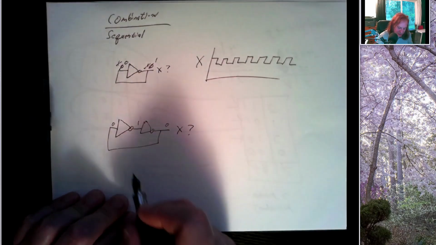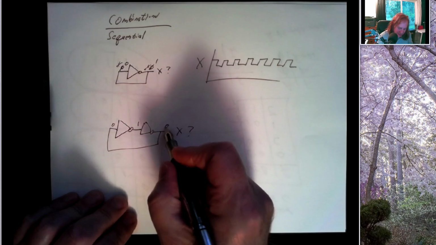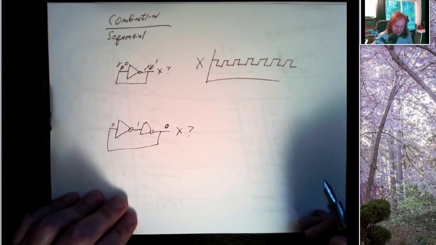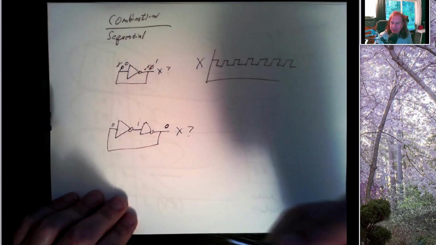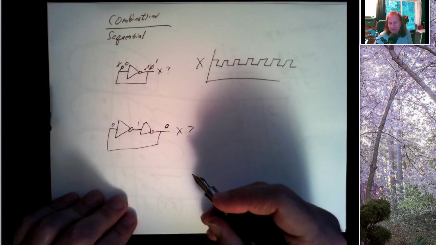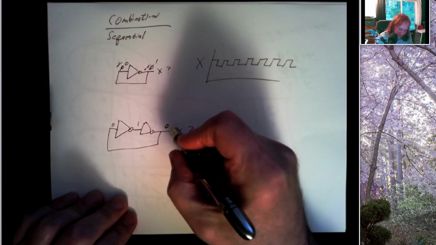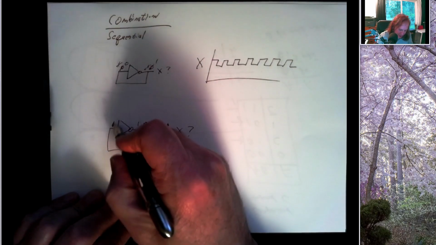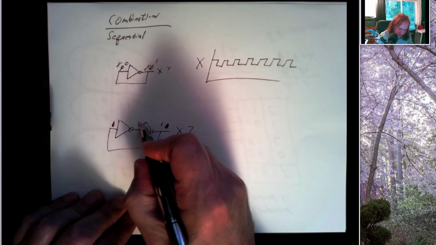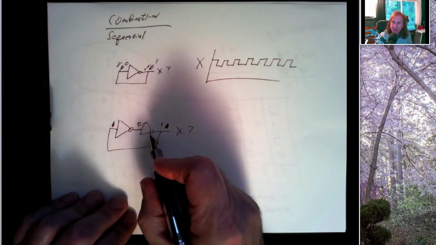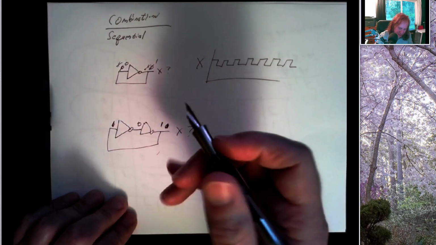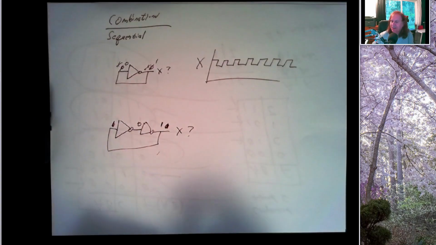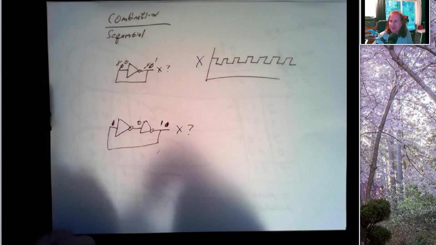This inverter outputs a 1, going into an inverter that outputs a 0. It's going to stay a 0. So if this output happens to be low, it'll stay low forever. But if this output happens to be high, that 1 will go into the input of this inverter. The inverter changes it to a 0, so 0 goes into this inverter. It outputs a 1. X is going to stay high. So whatever value X is at, it will stay at that value forever.